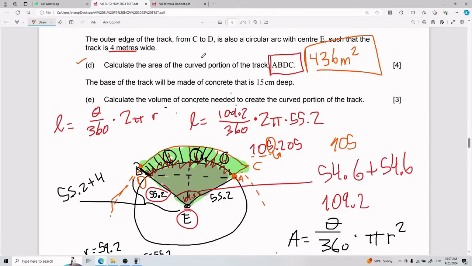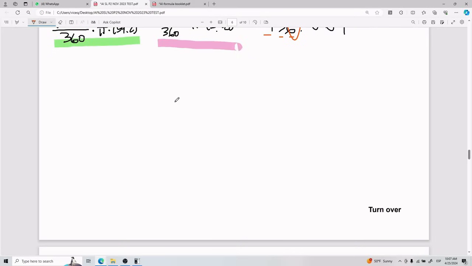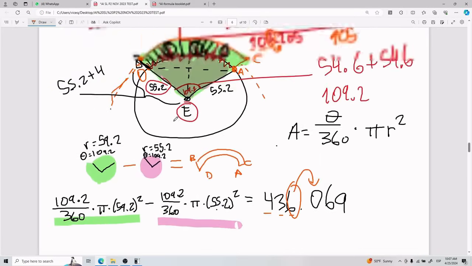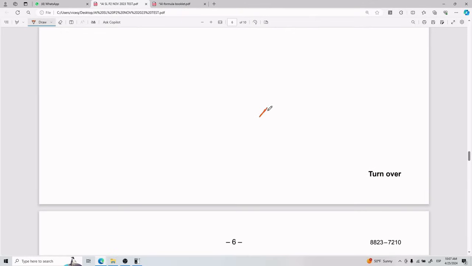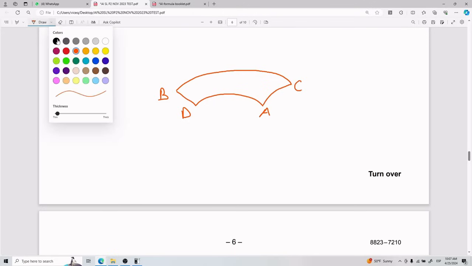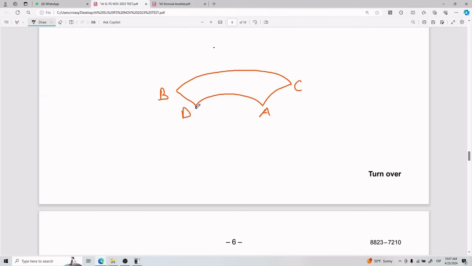of the track. So if I get very, very fancy with my math drawing skills, you have A, you have D, you have B, and you have C, right? And so technically right now they're telling us, okay, we need to put some concrete below this whole part.